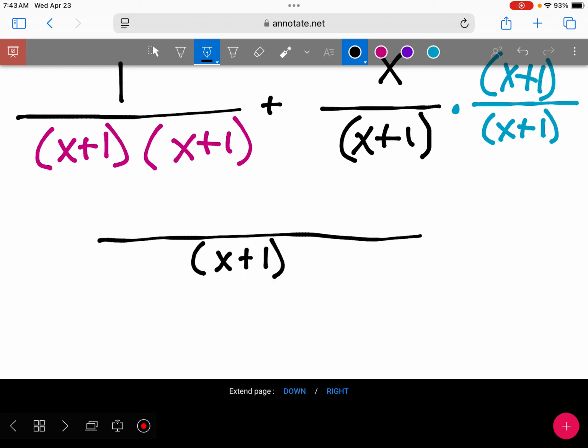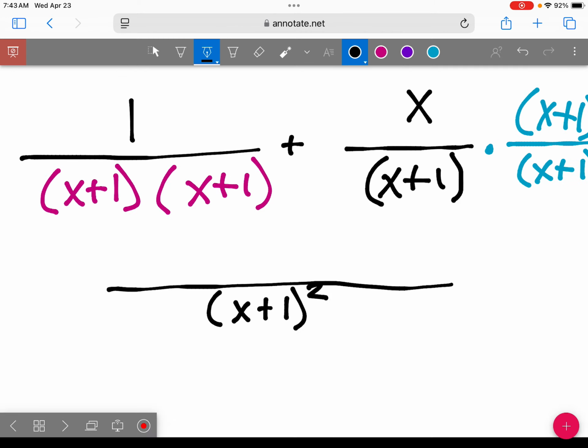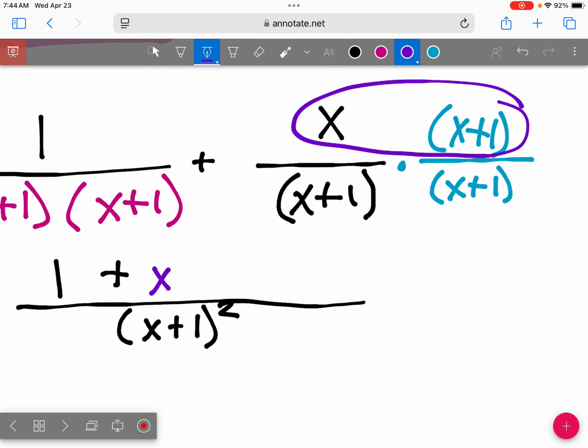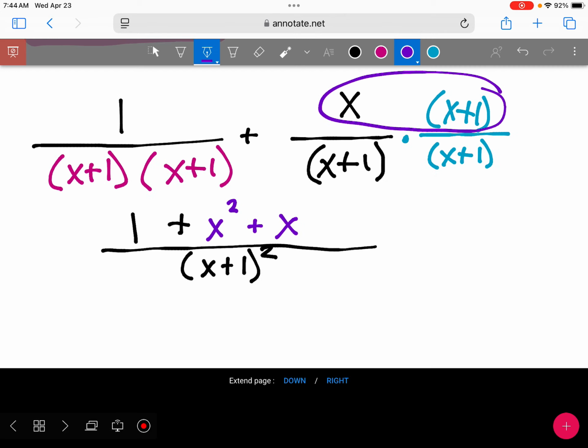Once we notice that and they have their common denominator, you can put it as x plus 1 squared. 100% okay. Our numerator here is going to be our 1 plus, let's do this multiplication, my x times x plus 1. Well, that's going to give us x squared plus 1x.